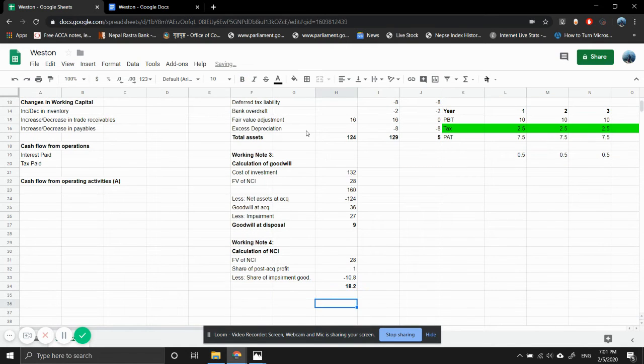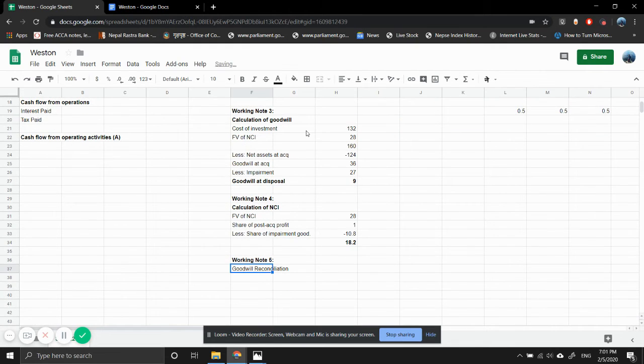Okay, so working note 5 will be goodwill reconciliation. Now I will do goodwill reconciliation. So opening goodwill, what I can do is that particulars, I'll use the classic template, copy, paste.